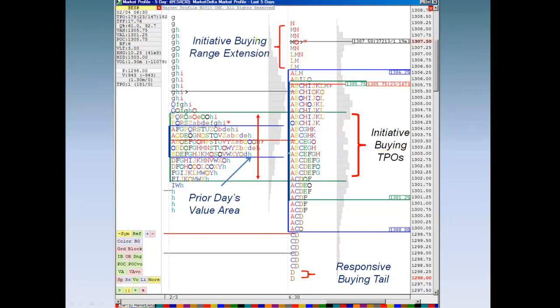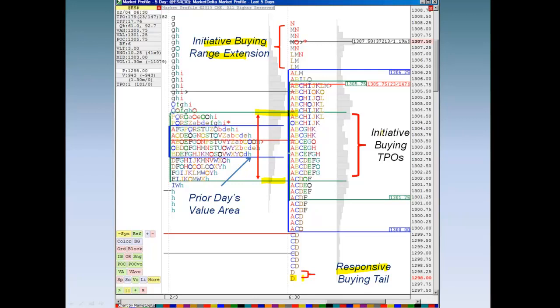Last but not least, our initiative buying range extension. Notice, because we are above the value area, the behavior now is initiative. It's no longer responsive. It was responsive down here when they stepped in to bring prices up. They responded to the opportunity.